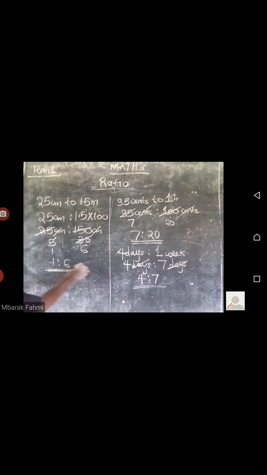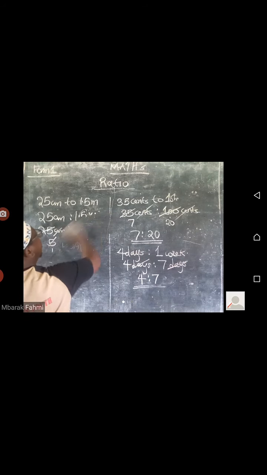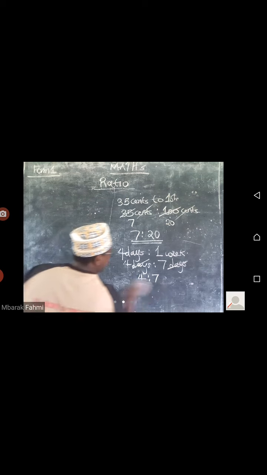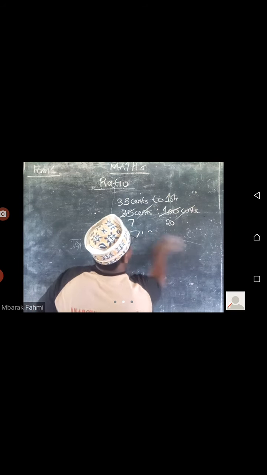3.8 liters is to 19 liters. Then now you're told to find the ratio. So 3.8 liters is to 19 liters.